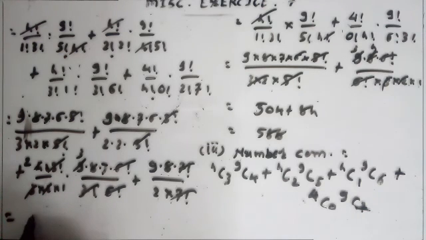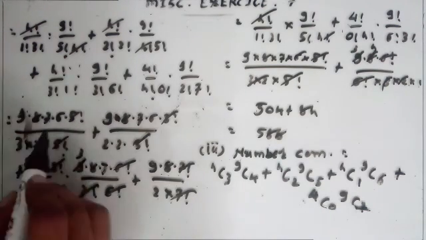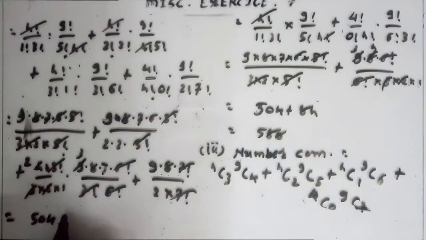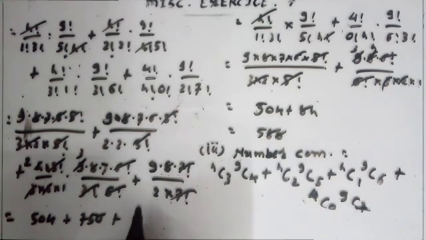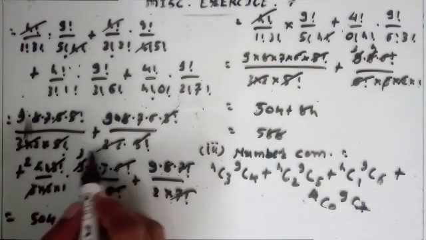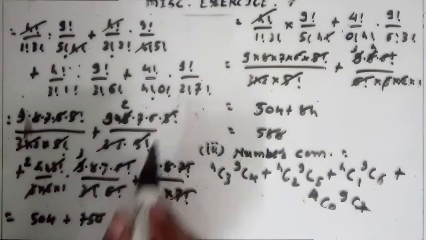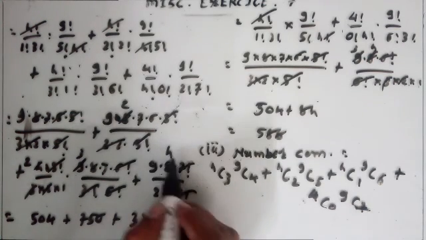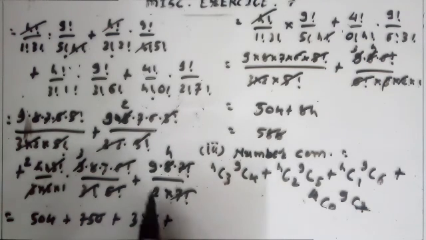We have 504, here simplification 3 into 6, okay, plus 756, plus here 2 into 4 into 8, and simplify this using the calculator, plus these numbers become 336, plus here 4 into 8, 36.